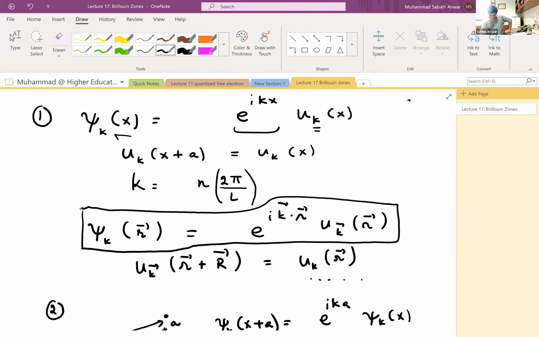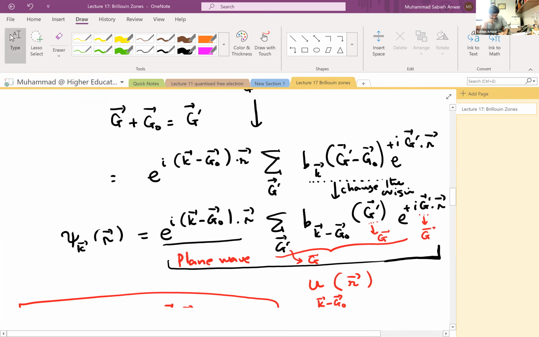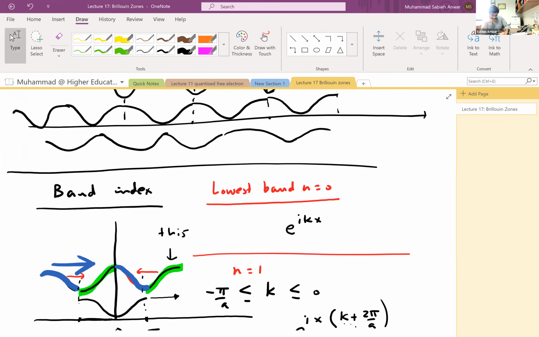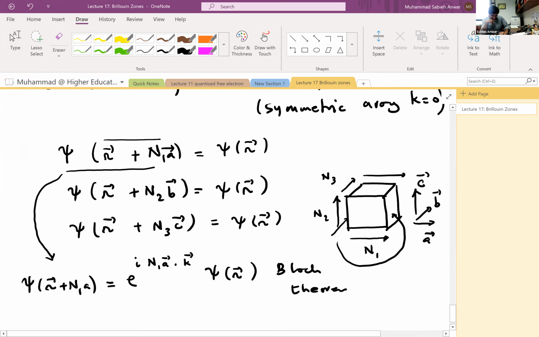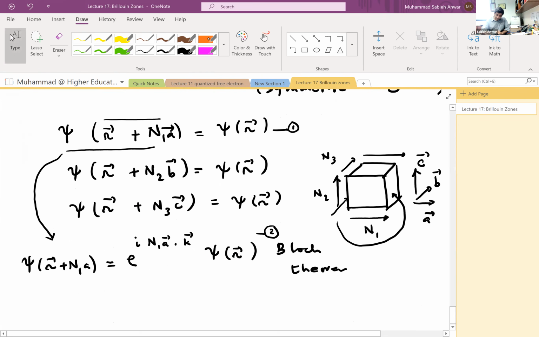So I'm just using this first form of the Bloch theorem, and I'm able to write down this form. If I look at this expression and I look at this expression, I would immediately recognize that this term has to be equal to 1.